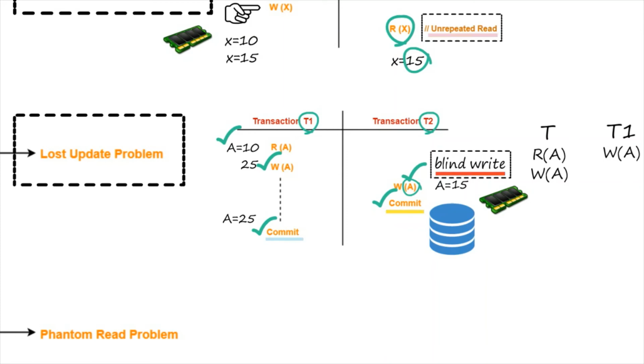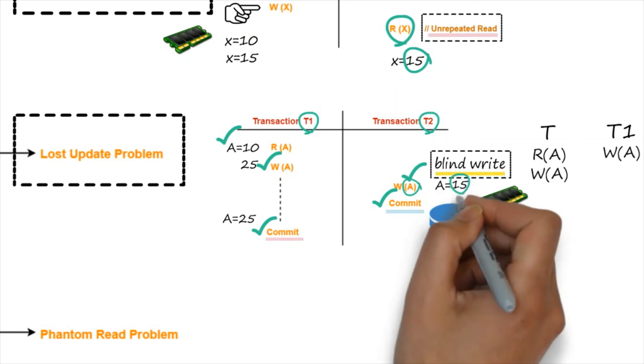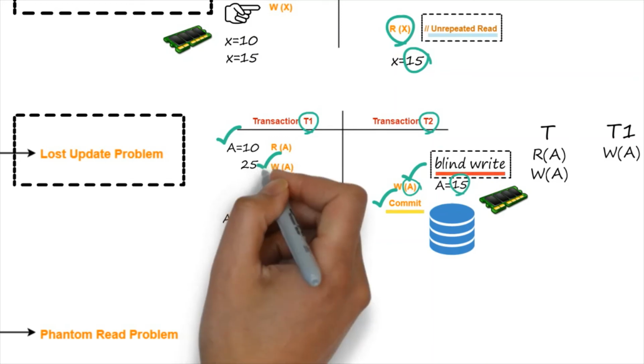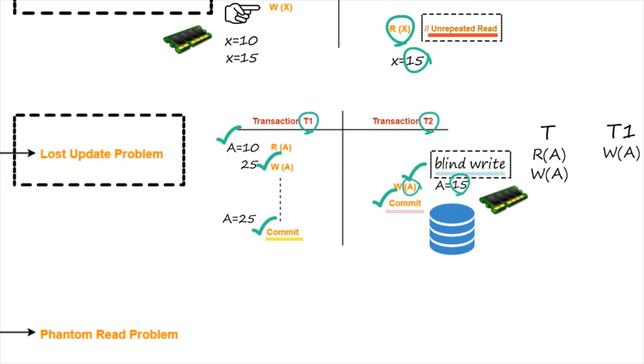However, in between, T2 has made some update on this value A. It has just added 5 units to the value of A without reading it and it commits. So as a result, whatever update is made by T1 is lost, because the first commit operation is made by T2. So it will be visible.